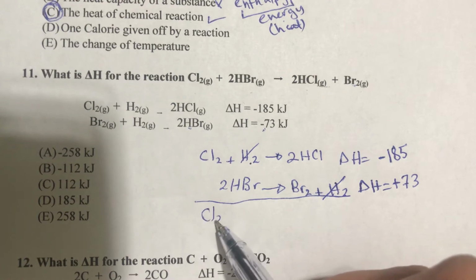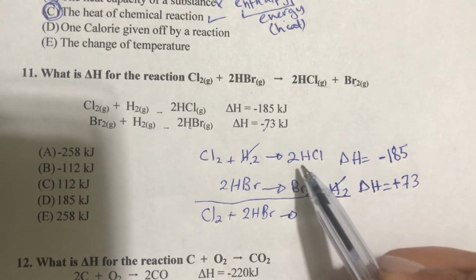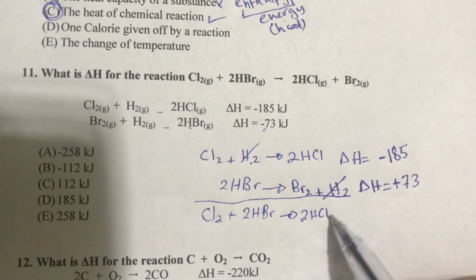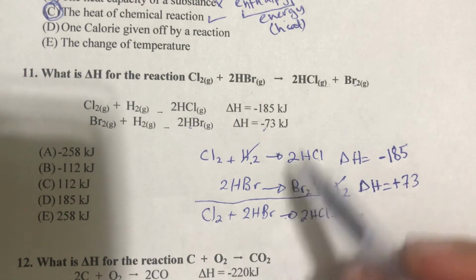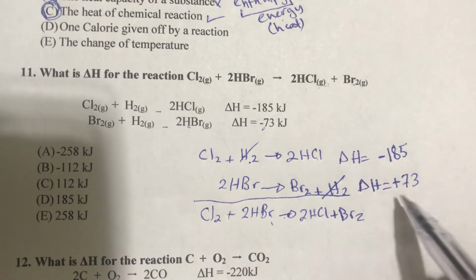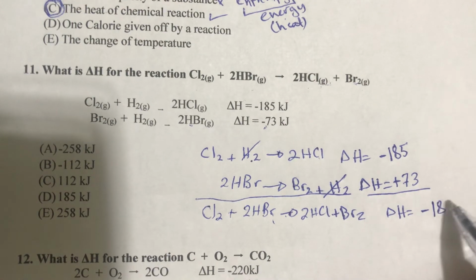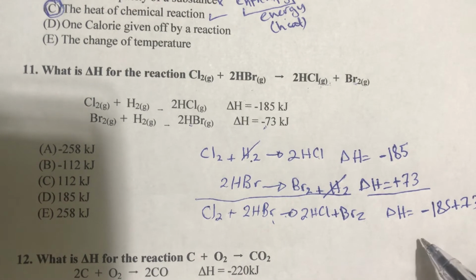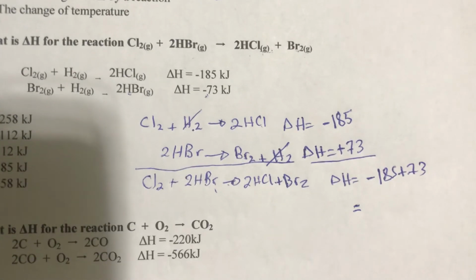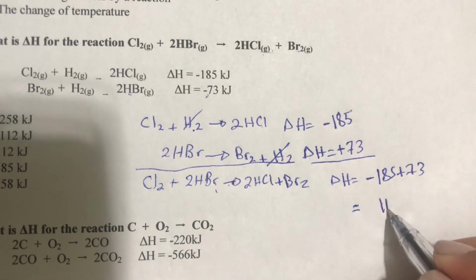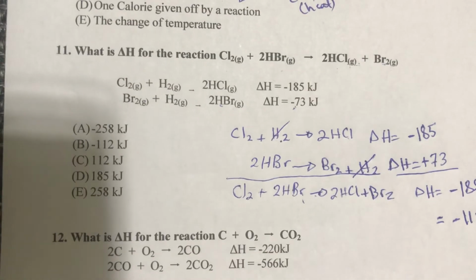So Cl2 plus 2HBr produced 2HCl plus Br2. So you get this reaction. So here you have to add. So delta H equal positive 73, which is equal negative 112. So the answer is B.